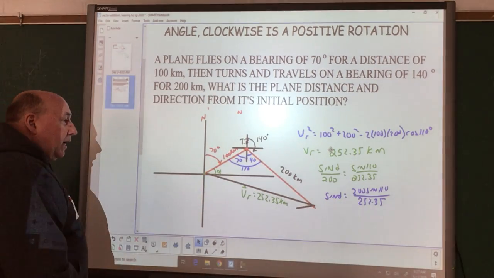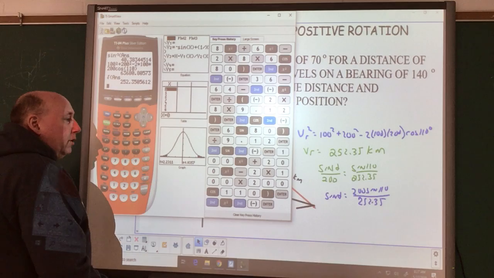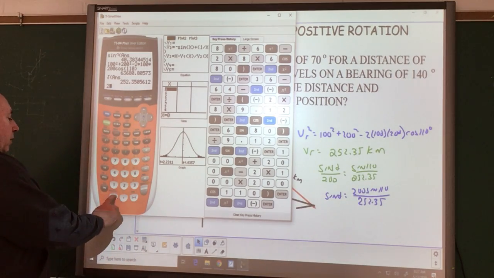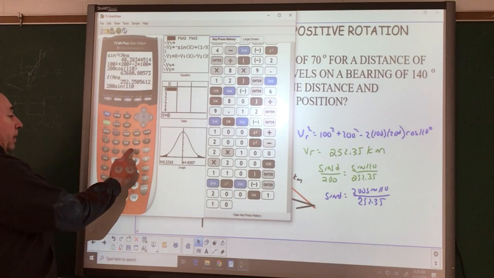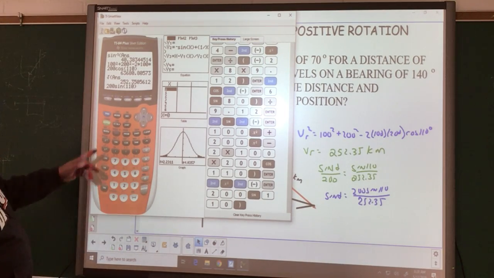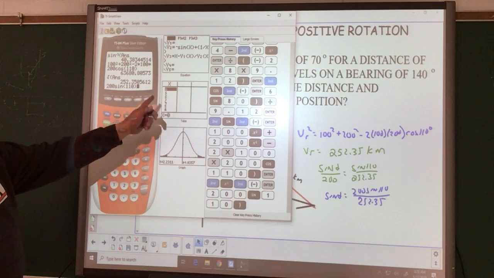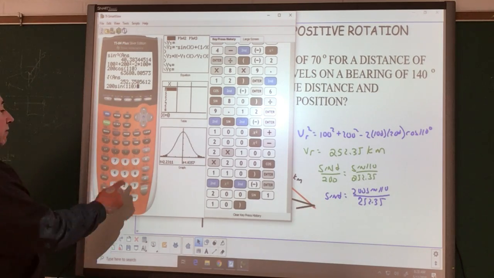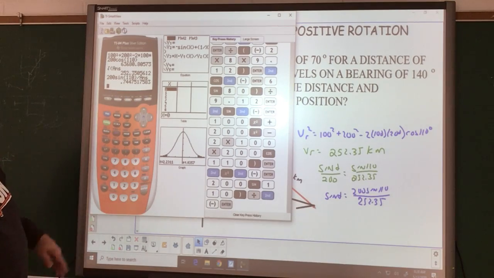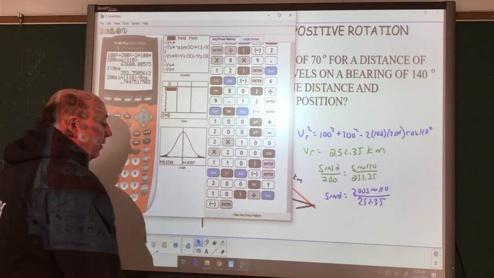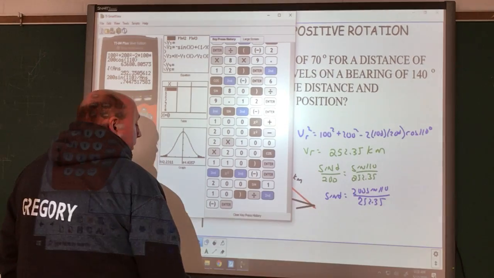So going back to my calculator, once again, I'll show you a trick here. We have 200 sine of 110 divided by, well, my answer is still there from what I had, so I can just divide by my answer. And that's the sine of my alpha, or the sine of my angle.